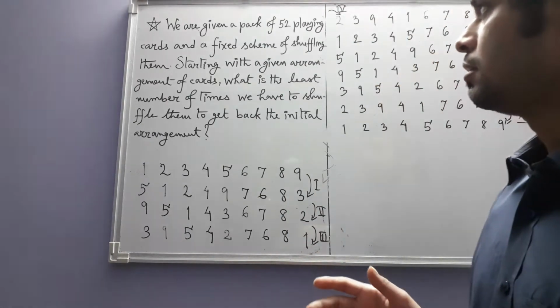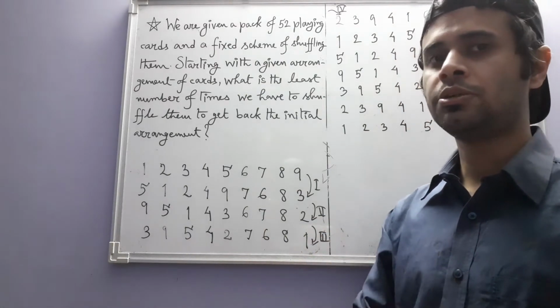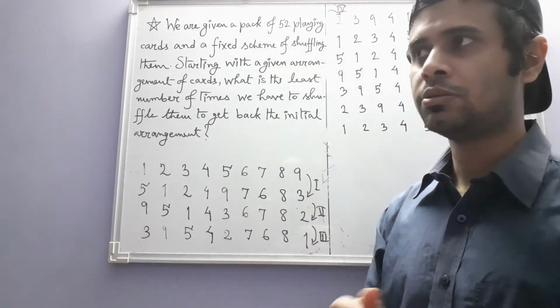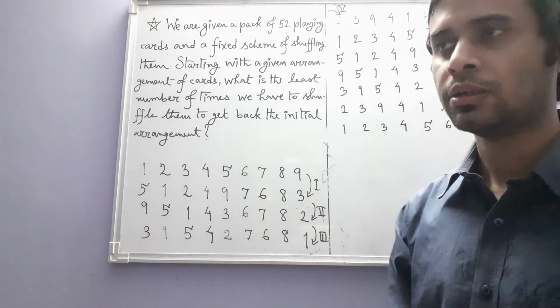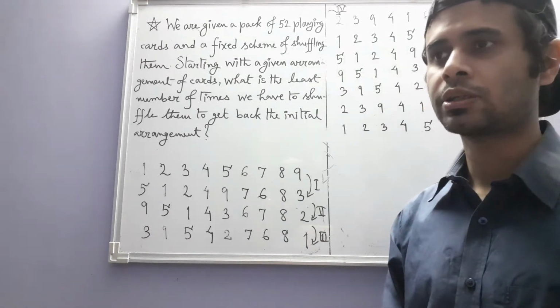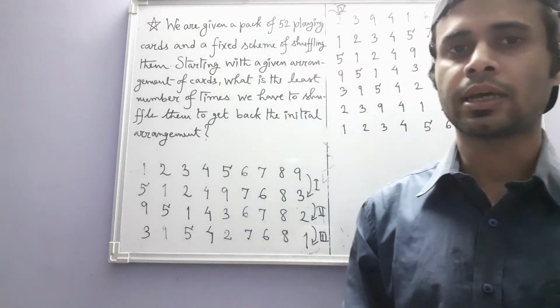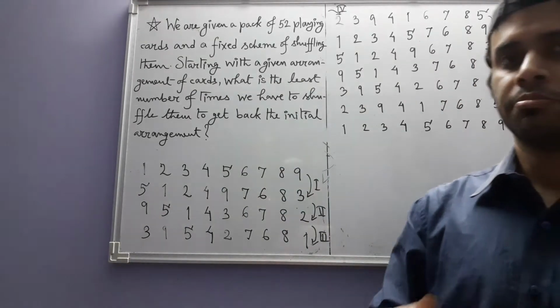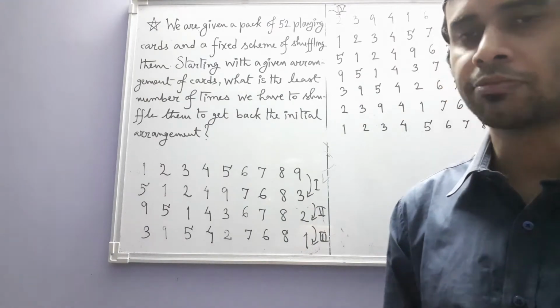Now, when we shuffle the cards, usually we do it randomly. We do not keep track of which card is going where. Or in some magic trick, if a magician is asking you to mix the cards up, then you will do some sort of random shuffling.